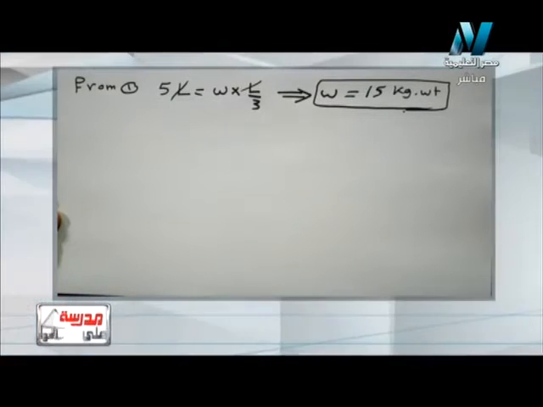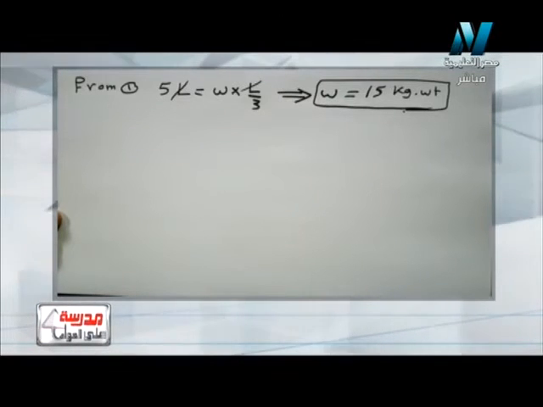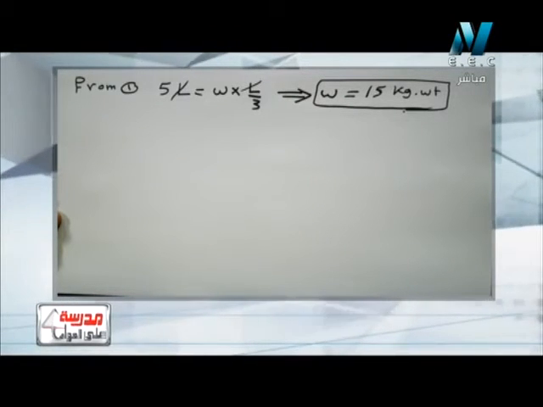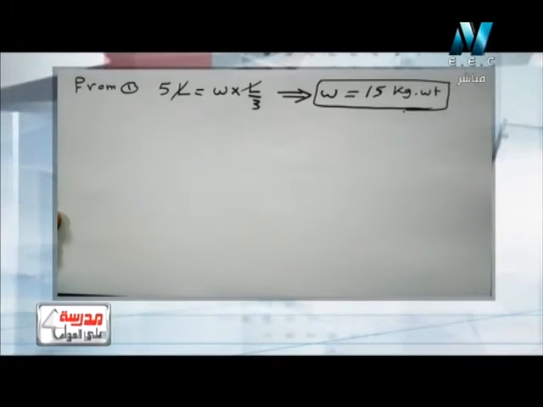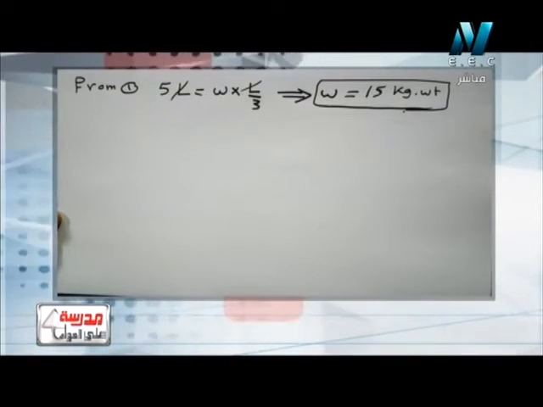After that it says to prove that the point of action of the weight divides AD with the ratio 4 to 5.